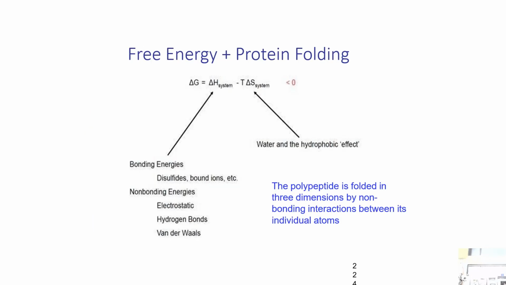So for free energy in protein folding, delta G is delta H system minus T delta S. Delta H will be bonding energies like disulfides, bound ions, and non-bonding energies like electrostatic, hydrogen bonds, van der Waals, etc. Water and the hydrophobic effect will be under delta S, entropy. So the polypeptide is folded in three dimensions by non-bonding interactions between its individual atoms.